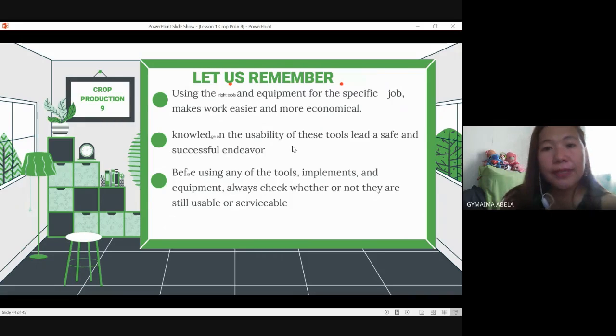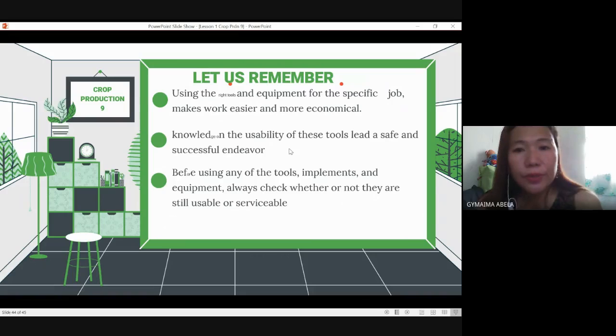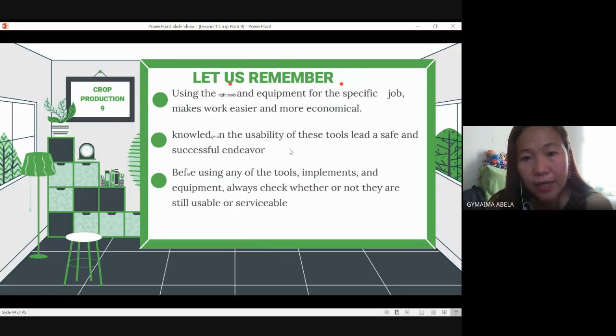Okay, so let us remember, when using the right tools and equipment for specific jobs, it makes your work easier, more economical, and faster. Another thing to remember is that knowledge of the usability of the tools leads to a safe and successful endeavor.